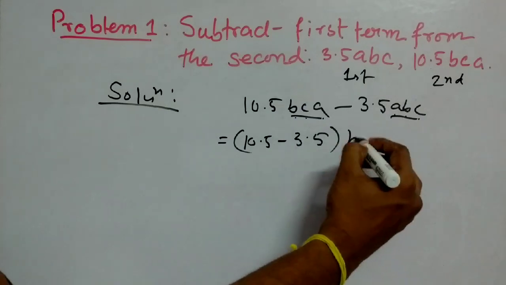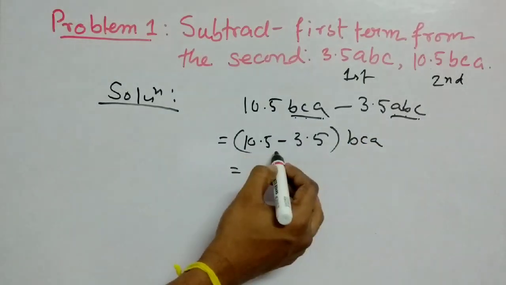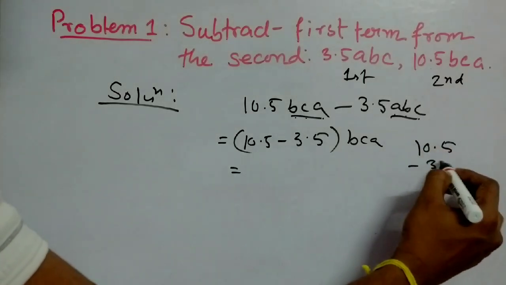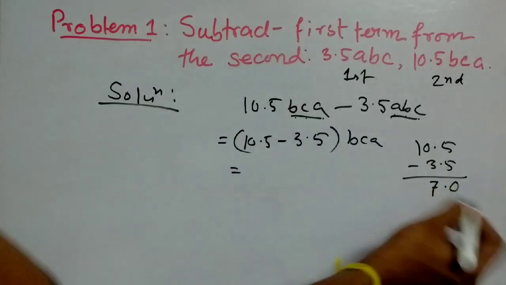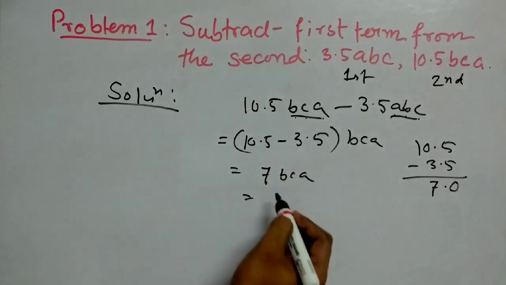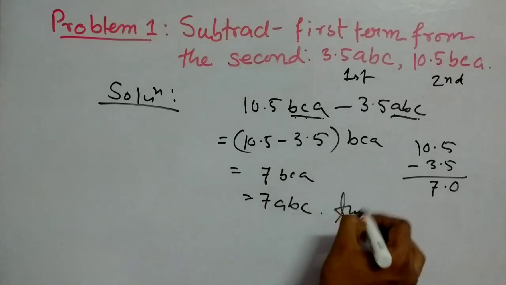So we can write it BCA, or you could have written it ABC. So what is 10.5 minus 3.5? So this is 0, this is 7. So this is only 7. So 7 BCA, or you can write 7ABC, and that is the answer.